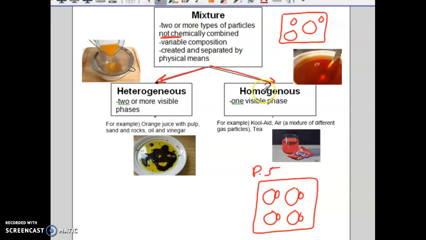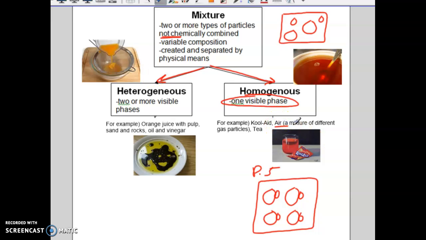Homogeneous appears to be one visible phase. What that means is it looks like it's one thing. You cannot see the separation of the different particles. So for example, tea, coffee, Kool-Aid mixed, and we're talking about already mixed with water here, of course. Hot chocolate mix, air, right? Air is a mix of different gases.